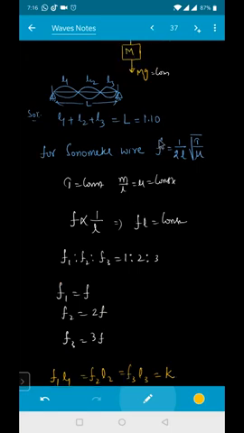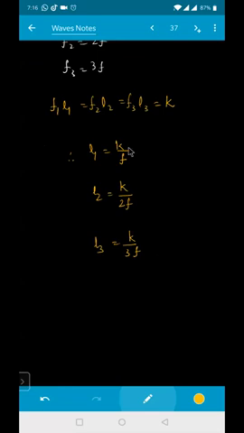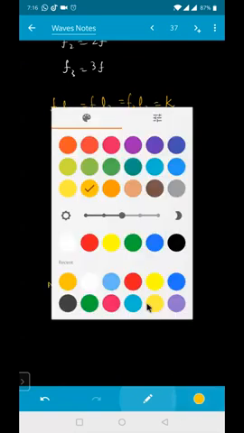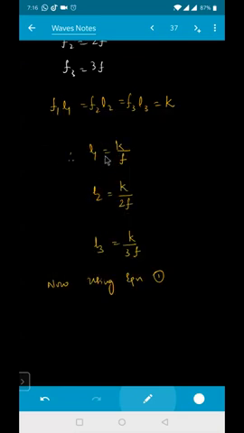Now we know L1 plus L2 plus L3 is the total length. Say, for example, this is equation number 1. So using equation 1, the L1 value is K by F plus K by 2F plus K by 3F, which must be equal to the given value 1.10.